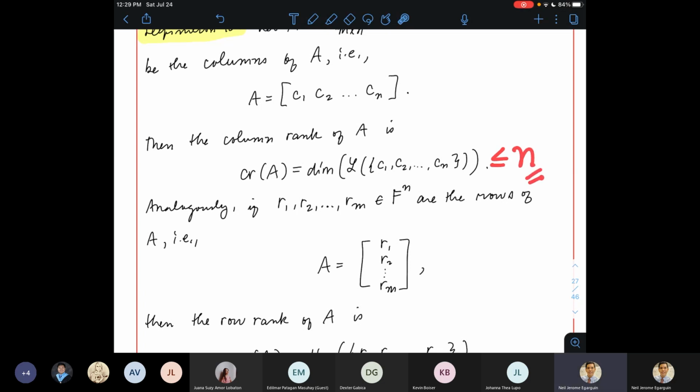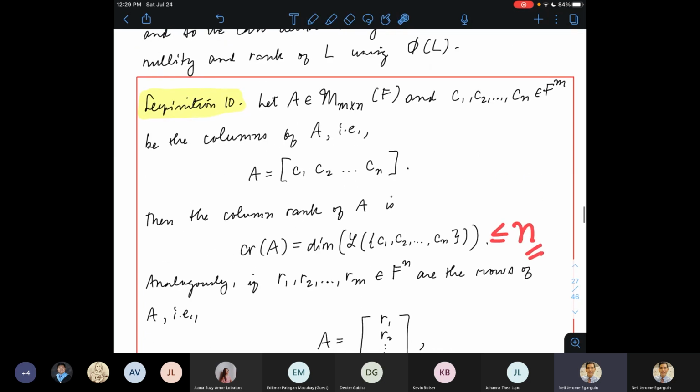Kasi si n ay yung dimension ni F to the n. Alright? So kung siya yung dimension ni F to the n, ibig sabihin pwede kong bilangin kung ilan yung linearly independent columns ni A.